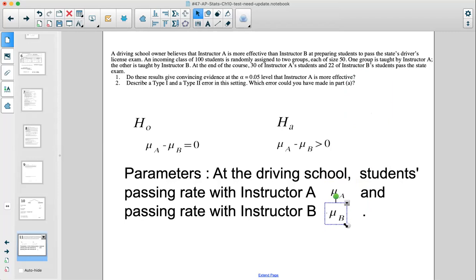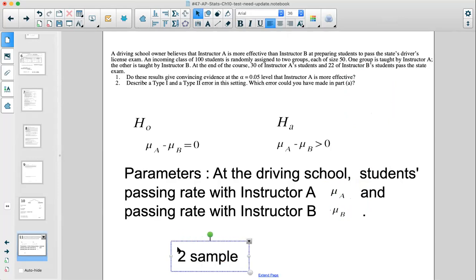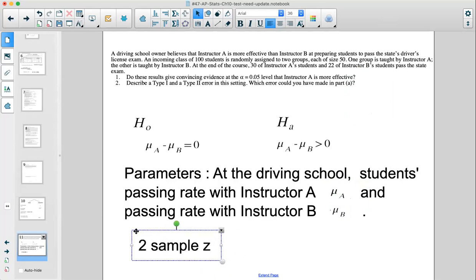Now we also ask what kind of test we're going to do. So this is a two sample Z test because it's from the proportion. So it's a two sample Z test, because they're not asking for an interval.